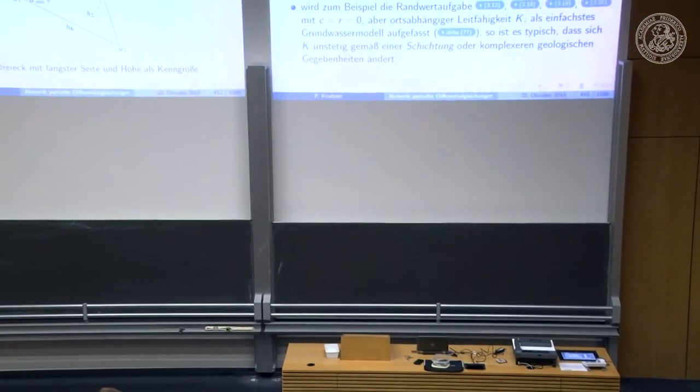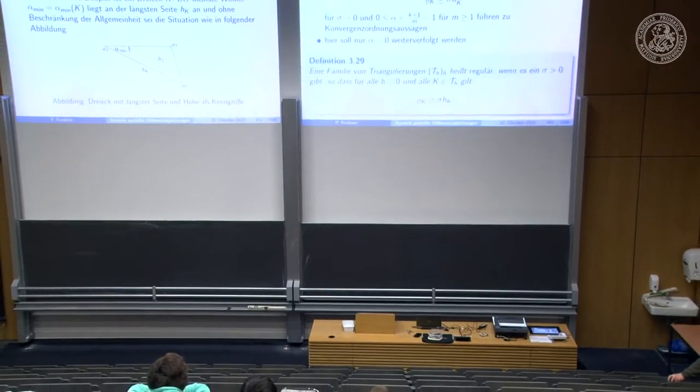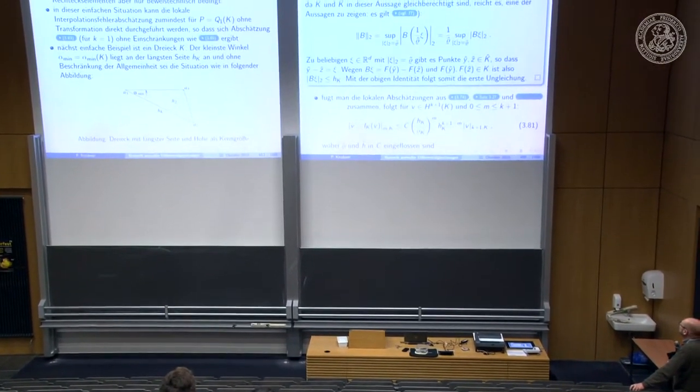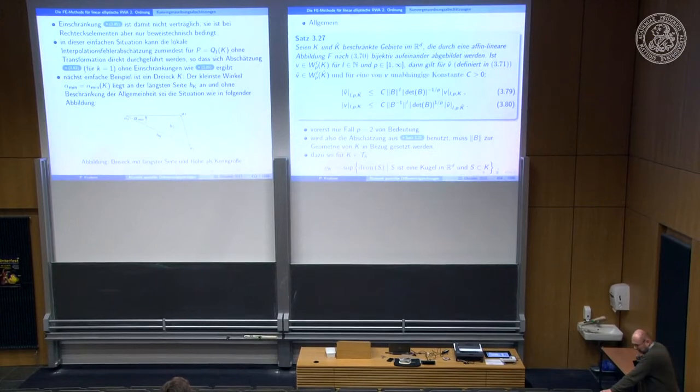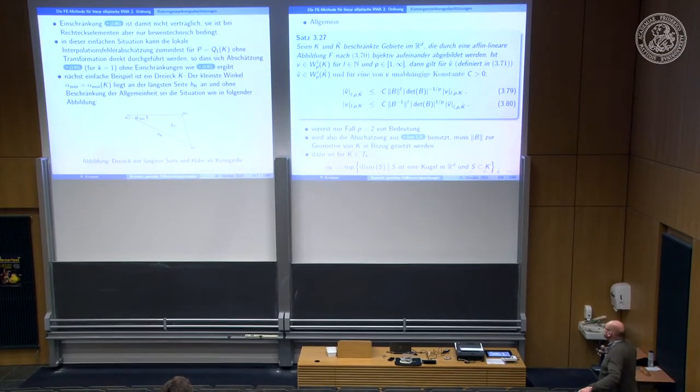Okay, so if we go back to the estimates, to the terms which come in from this back and forth transformation, we get powers of the norm of B, the matrix of the transformation, and other powers of the norm of B to the -1.